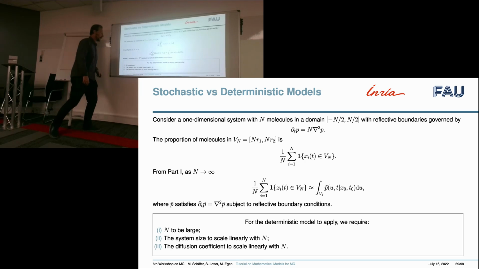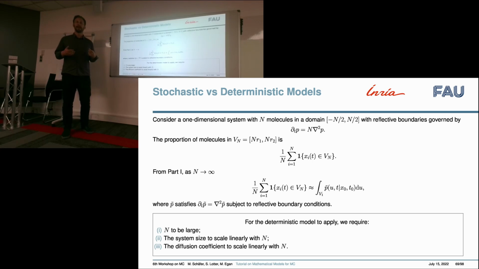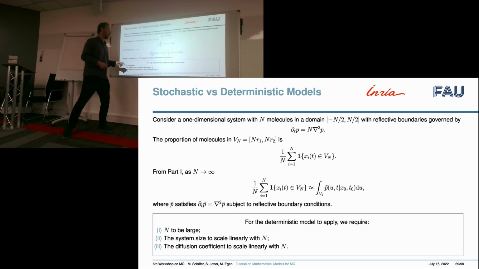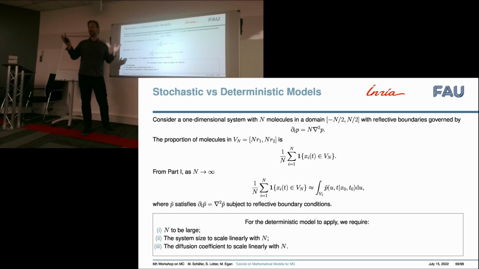Okay, so the trick here though is that this p tilde here is not the Fokker-Planck equation for this system up here, which has a length of n and a diffusion coefficient of n. It's going to be this Fokker-Planck equation here, where we have a diffusion coefficient of 1 and a length of 1. Okay?